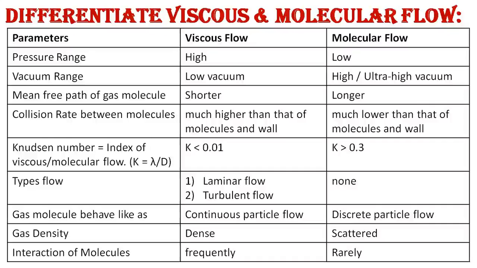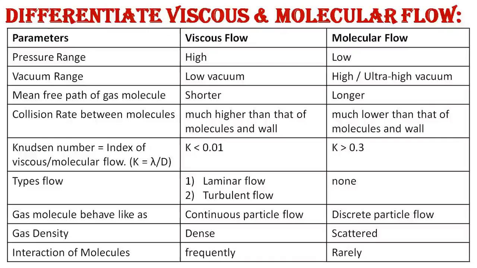Next parameter, collision rate between molecules. In viscous flow it is much higher than that of molecules and walls, and in molecular flow it is much lower than that of molecules and walls. Next one is the Knudsen number, which is the index of viscous versus molecular flow.